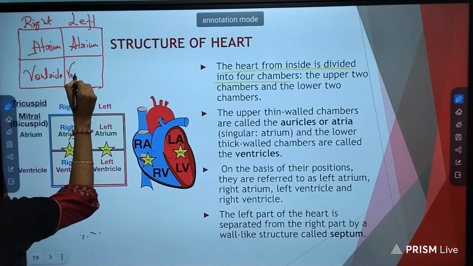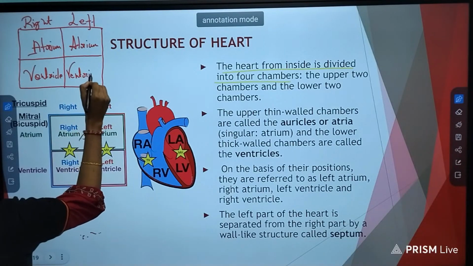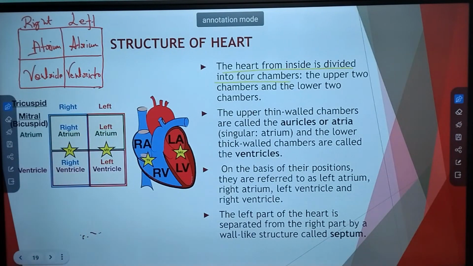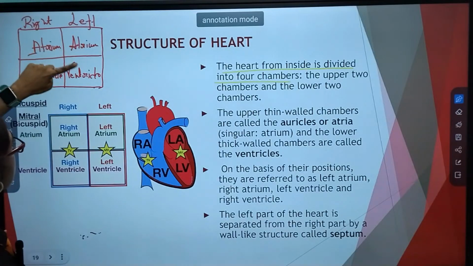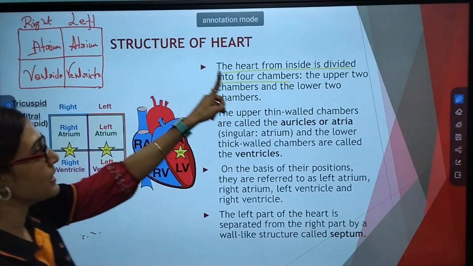This is also ventricle. Now let's read: right atrium, right ventricle, left atrium, left ventricle.